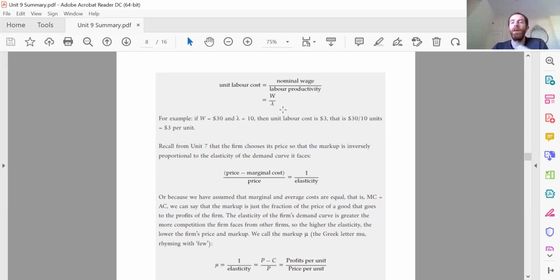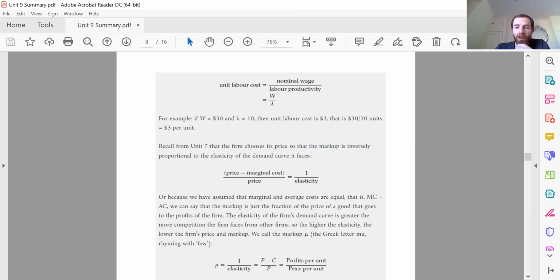And remember, we assume throughout this chapter, although we're going to weaken this in a second, that lambda is equal to 1, which means the unit labor cost is just the nominal wage. So that's our first important ingredient: marginal cost is just this unit labor cost.